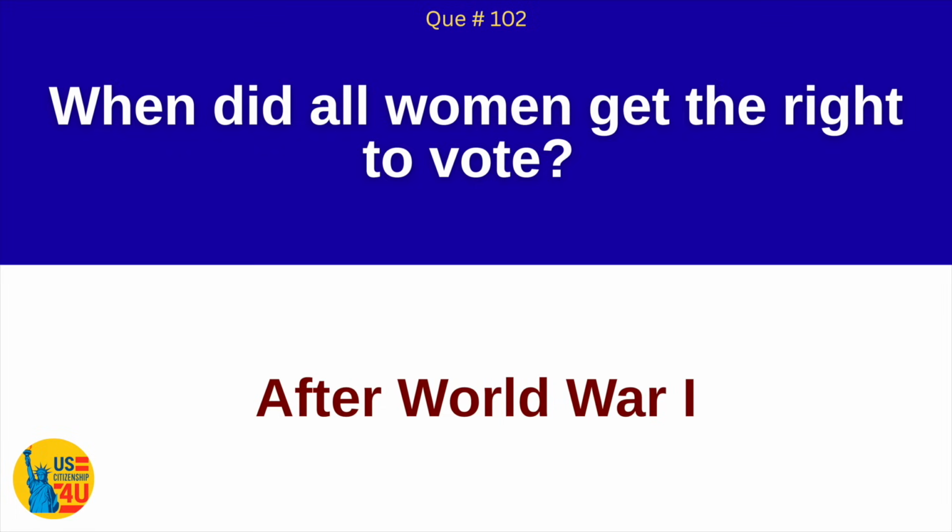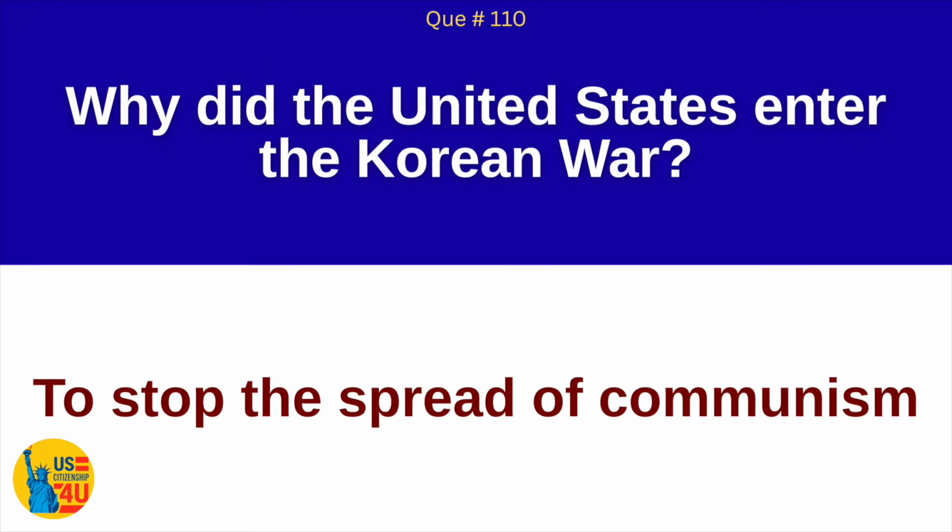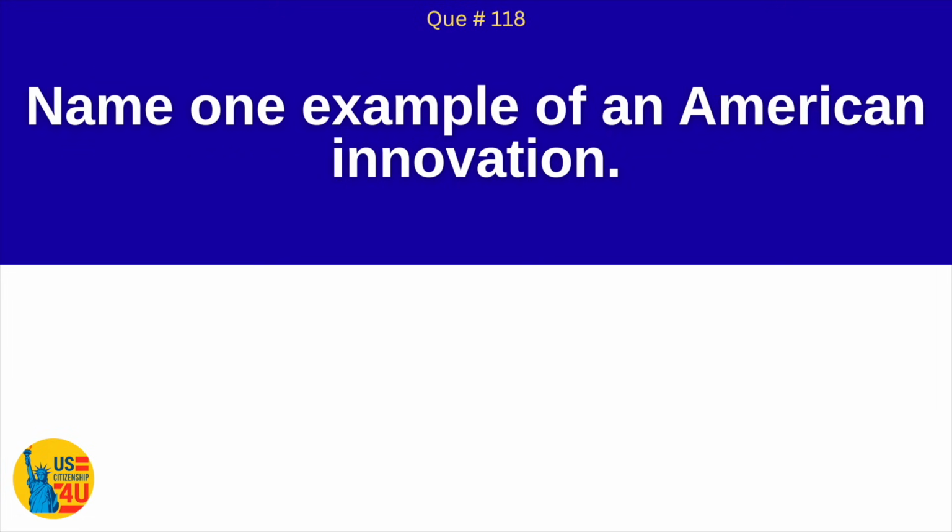After World War I. Why did the United States enter the Korean War? To stop the spread of communism. Name one example of an American innovation. Light bulb.